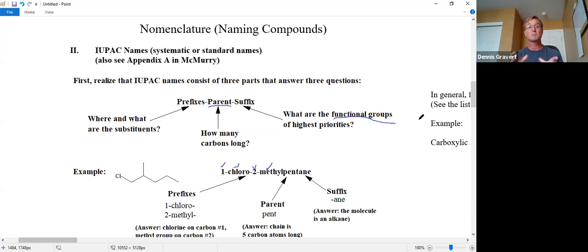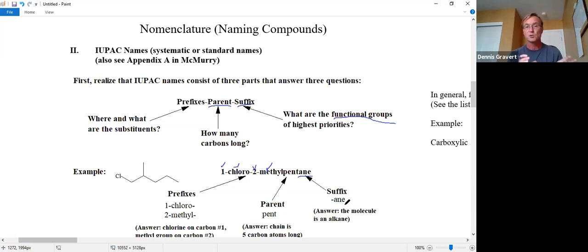Those will be your parent names, except in the future, as we cover the naming of more complicated molecules containing multiple functional groups, we're going to leave the ane of pentane in place and attach an additional suffix to represent the most important functional group. Okay, don't panic yet. I just wanted you to see the main idea.